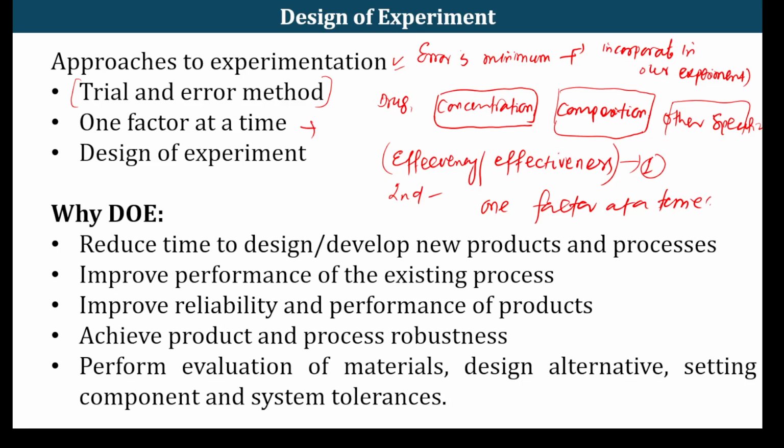So why do we need design of experiment? It reduces the time to design or develop new products and processes. If we systematically design the experiment, it reduces the development time of the product and processes. It can be improved if we design in an optimized way, so it improves the performance of existing processes.